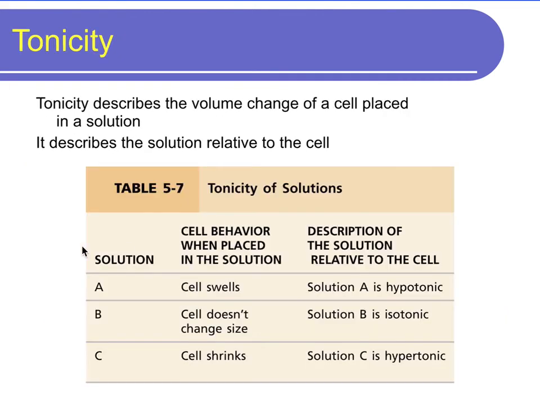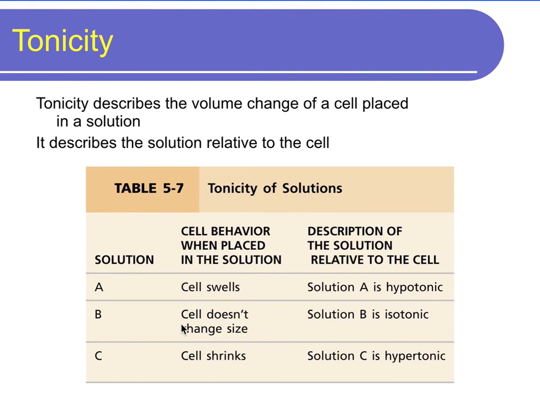Tonicity describes the volume change of a cell placed in a solution. So if I were to place a cell into a solution and the cell swells up, why is it doing that? Well, water follows solutes. So why would water go into a cell and cause a cell to become bigger? Because there were more solutes in the cell and less solutes in the solution. So we would say the solution was hypotonic, hypo meaning less.